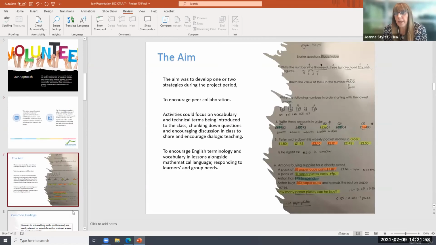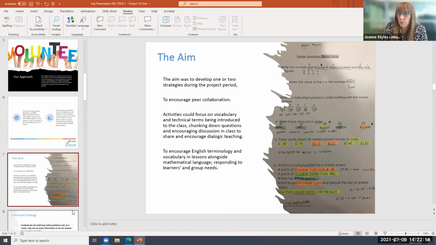These were the aims really, and it was to develop 1 or 2 strategies around the project period to encourage peer collaboration, because we are a large organisation, we've got 5 campuses, and it is quite often very hard to get that collaboration because everybody's so busy, and we wanted everyone to take a moment to share practice and do the things that practitioners should do.